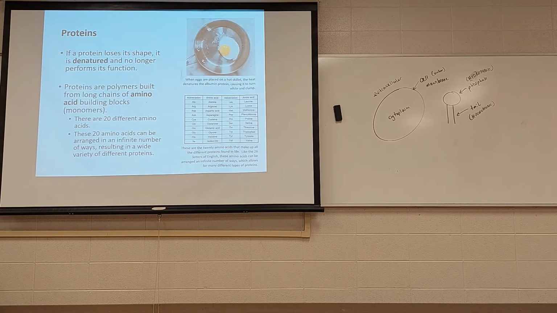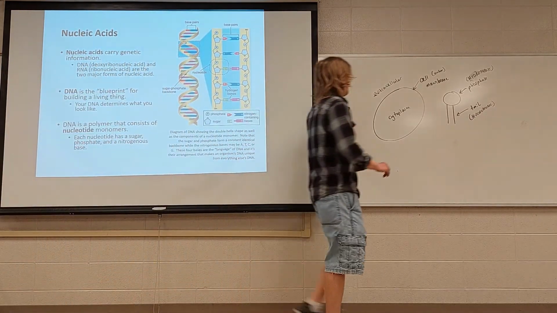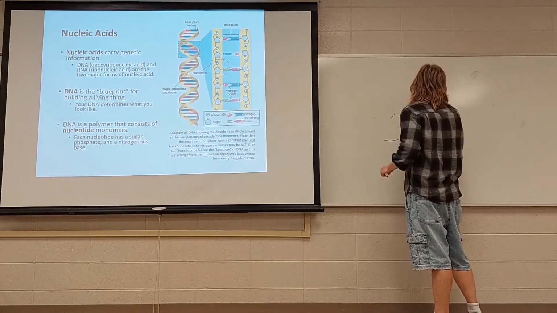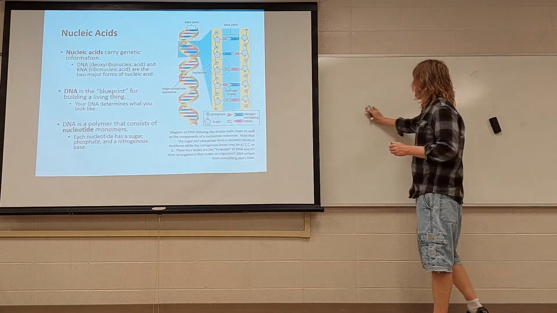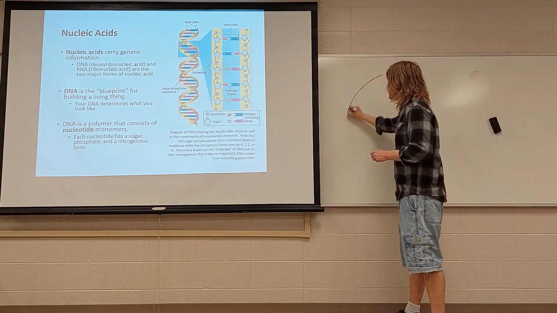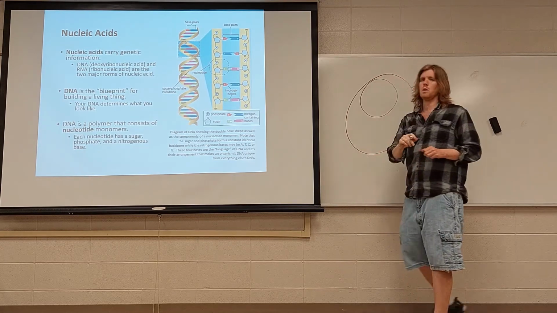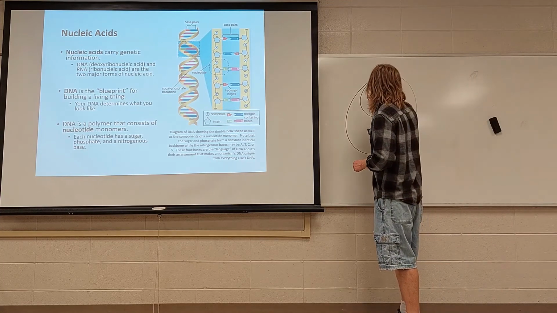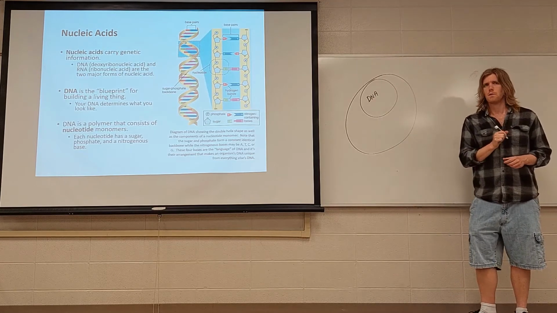Let's see, onward to the last macromolecule, and the one that you probably aren't familiar with, nucleic acids. You've got a cell. Let's put a cell right here. And within virtually all of your cells, you have a nucleus, and within that nucleus, you have all of your DNA, or almost all of your DNA.